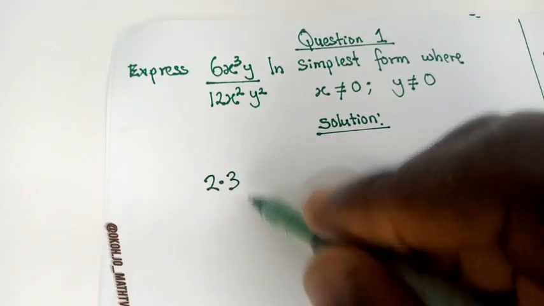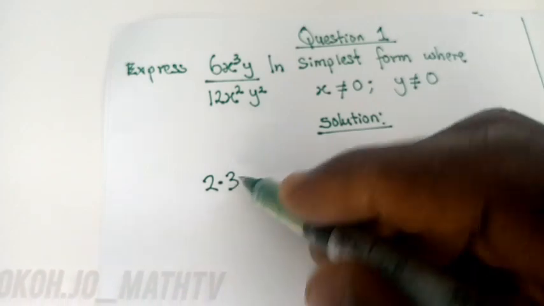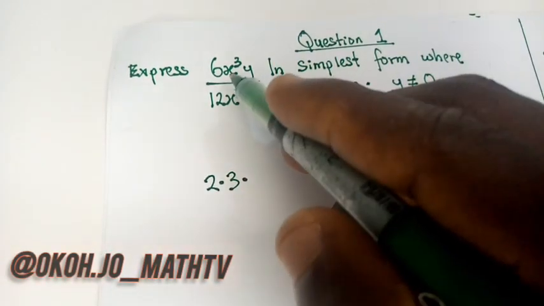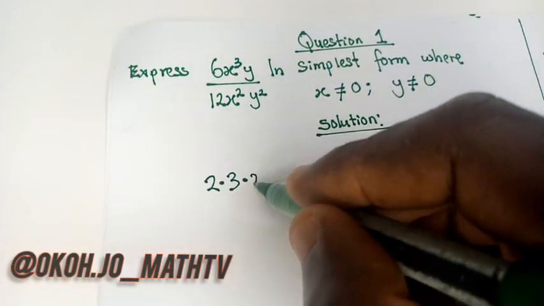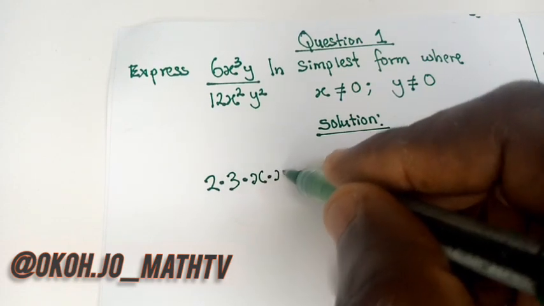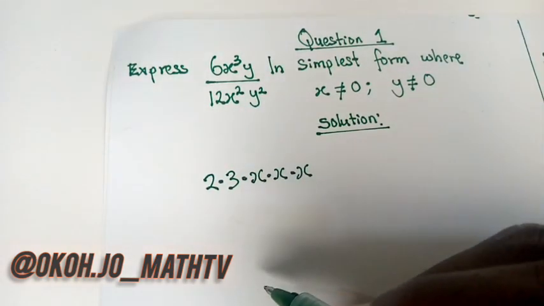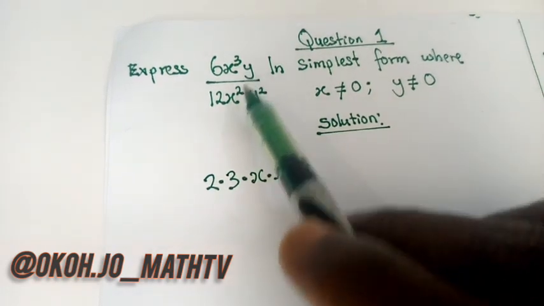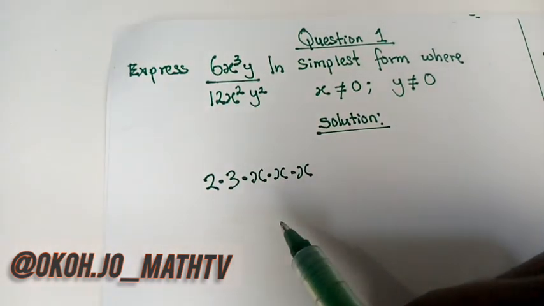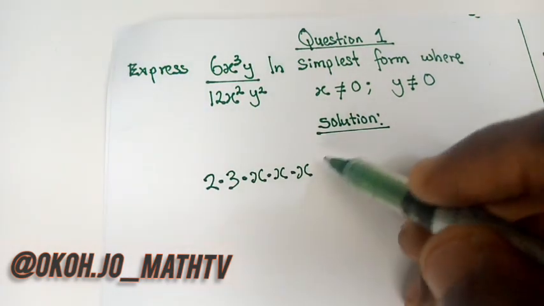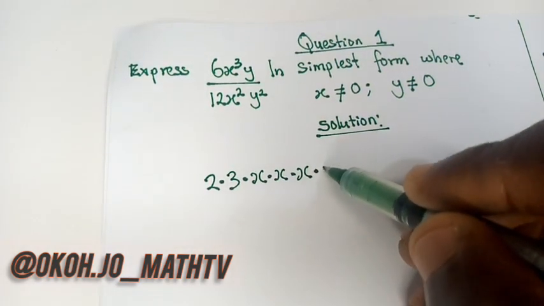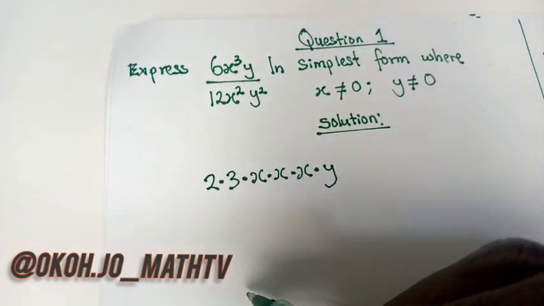Is that clear? Which will give us back this 6. Now x raised to power 3 means x times x times x, x in 3 places. And this y has a power of 1. That is why it's just y. So we should multiply it by a single y. Is that okay?